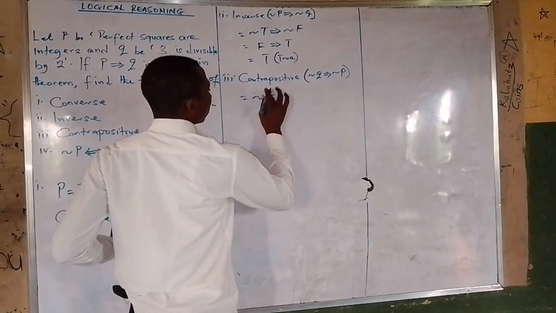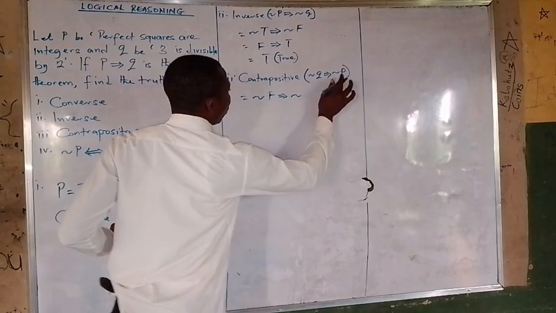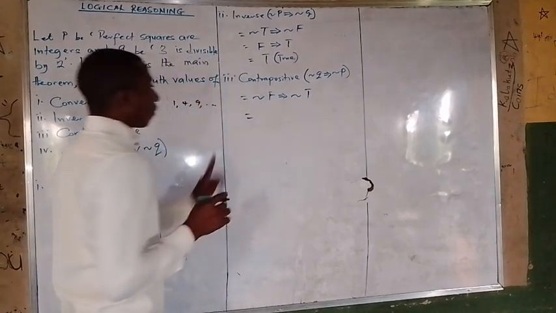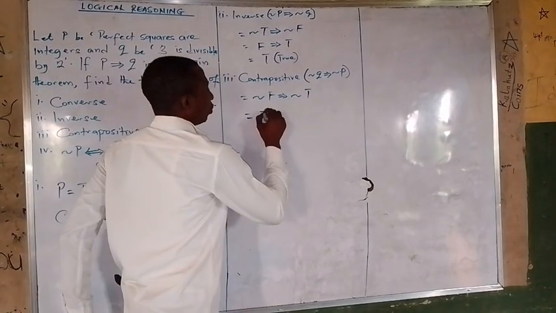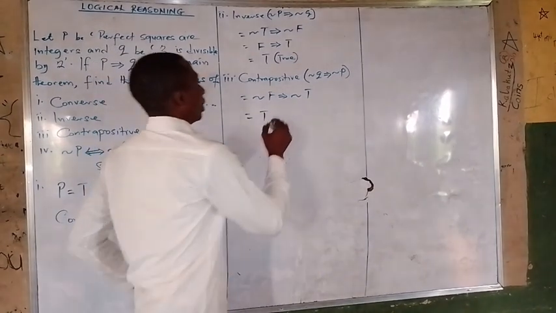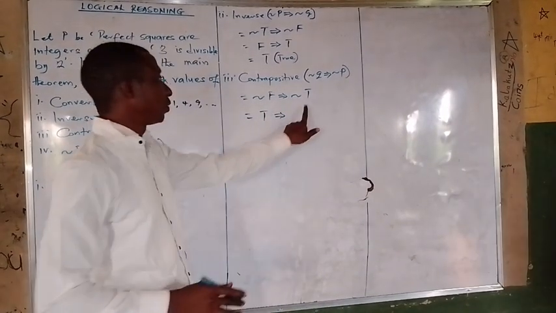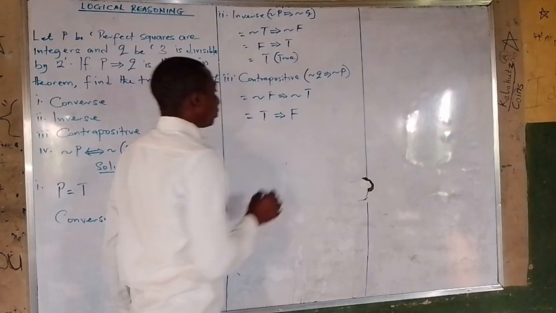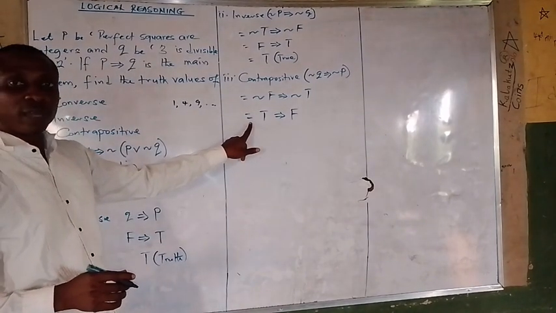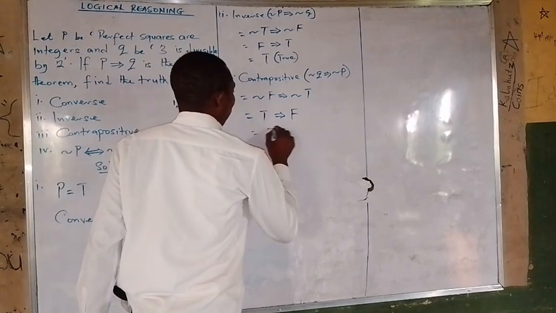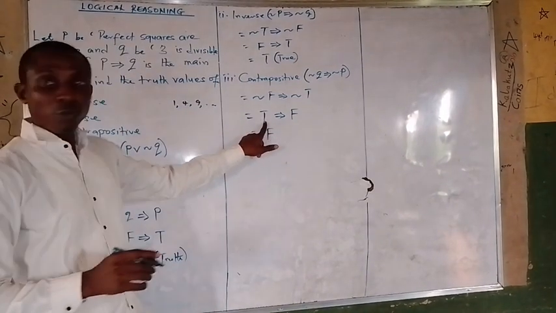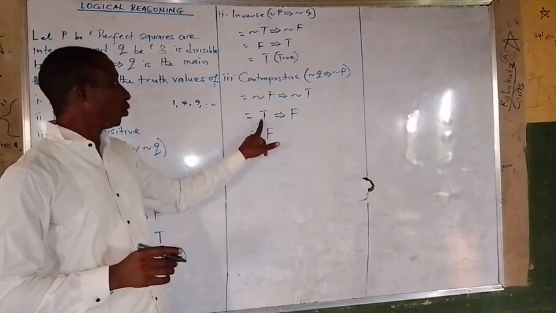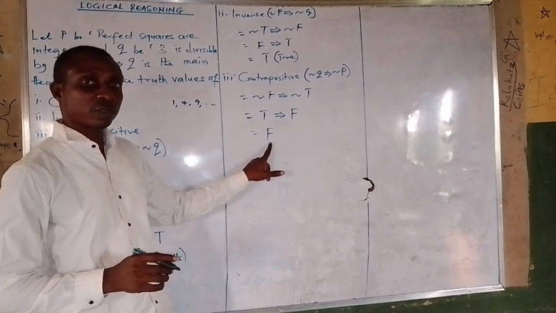Negation of false implies negation of P. P is true. Negation of false is true, that is the opposite of false. It implies negation of true, and negation of true is false. Now, what's going to be the truth value for this? True implies false is false. So the contrapositive is false.